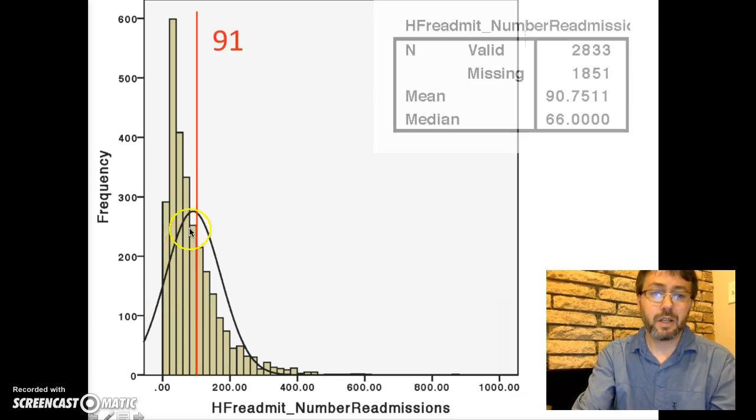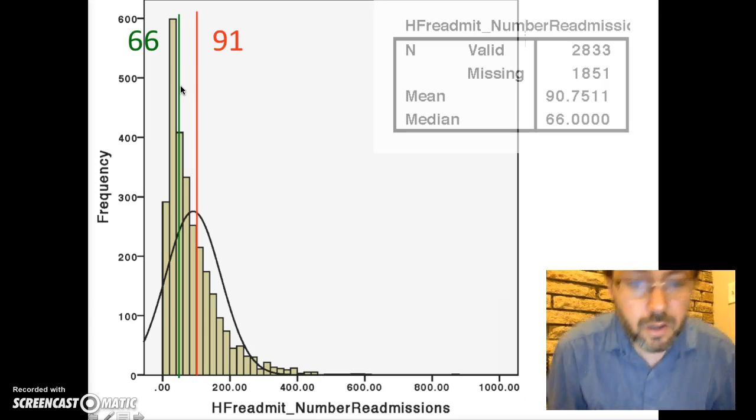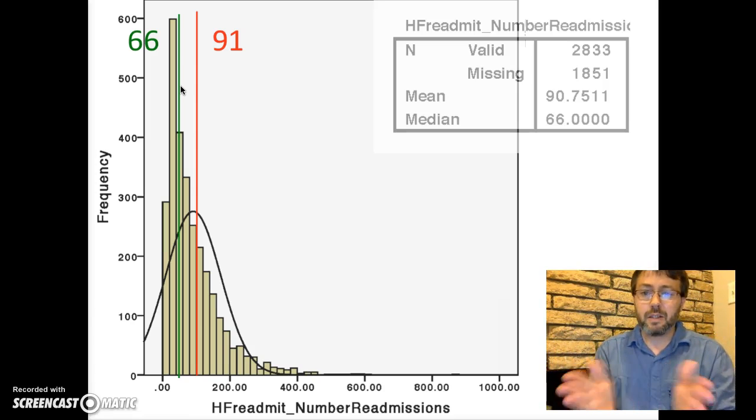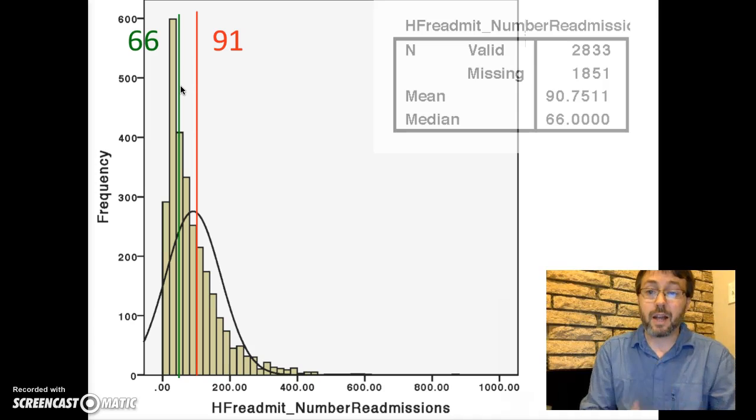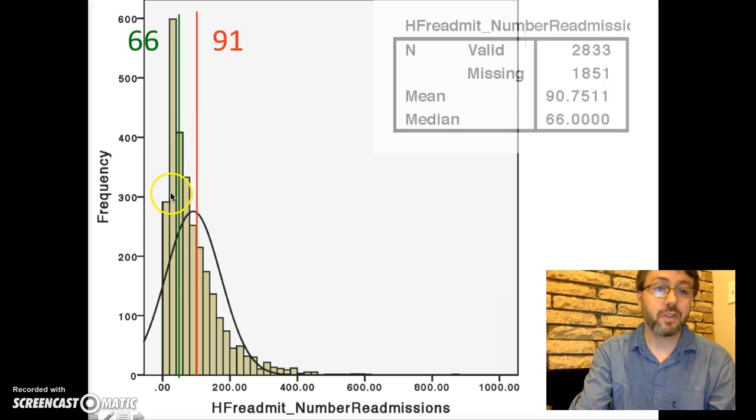And that's depicted here. And the median number of readmissions is 66. So the statistical findings that we calculate, the actual mean and median, are consistent with the visual demonstration, a plot of these data, showing that the majority of observations are happening here on the left-hand side of the distribution.